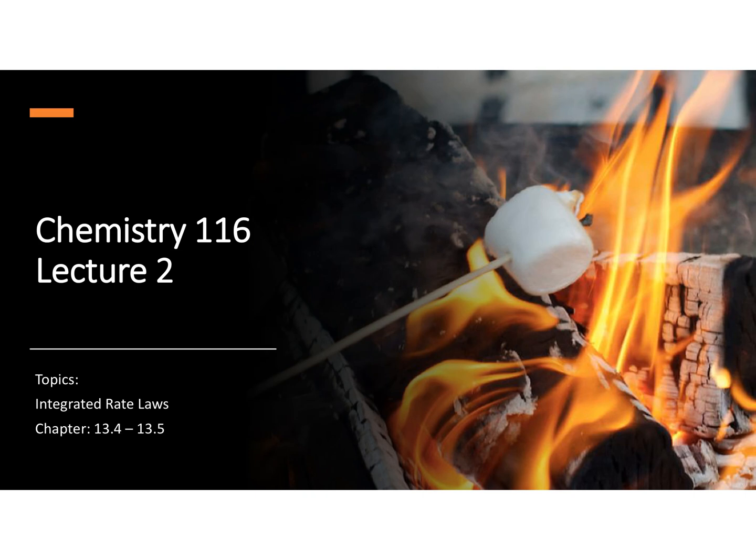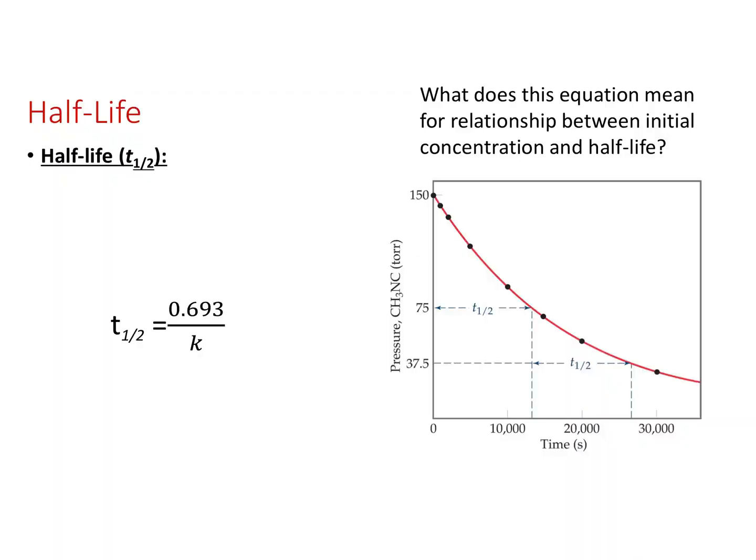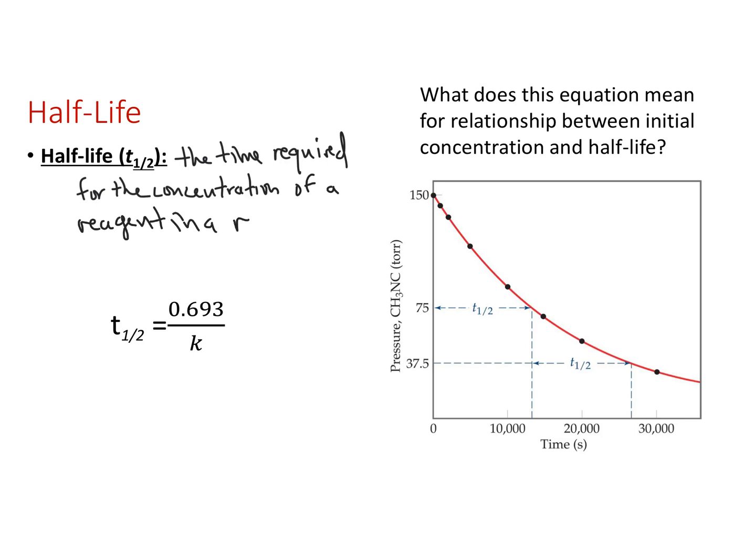The last component from today's lecture will cover half-life. So half-life, and we're only going to focus on the half-life for a first-order process. Half-life is the time required for the concentration of a reagent in a reaction to be cut in half.